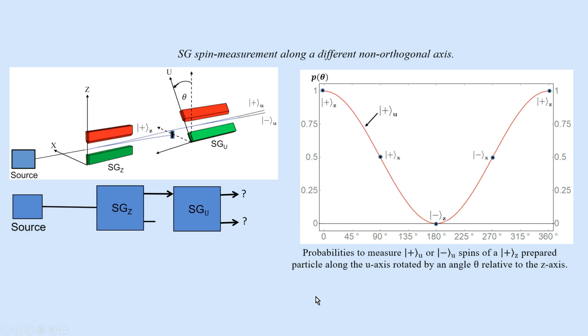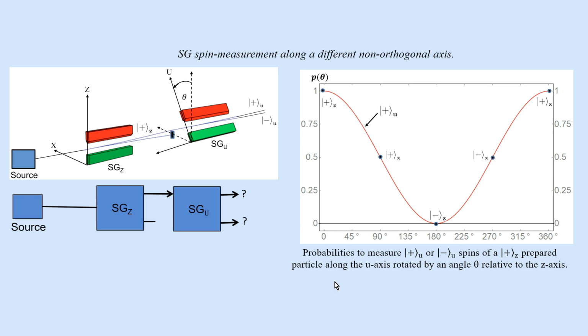Let us now change only by a little bit the orientation of the SGU relative to the z-axis, say by 1 degree. Then one would not expect much change. Taking repeated measurements, one will still get in almost all the cases a particle in a spin-up state along the slightly tilted u-axis. That is the u ket plus eigenstate.